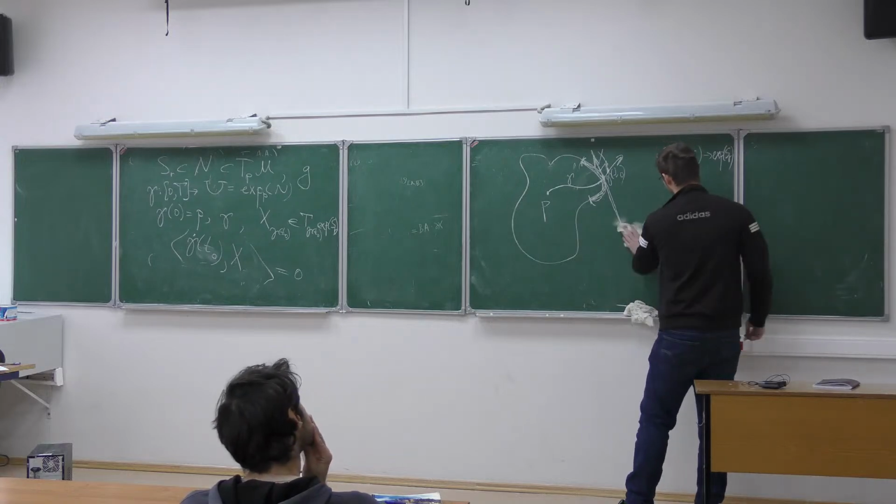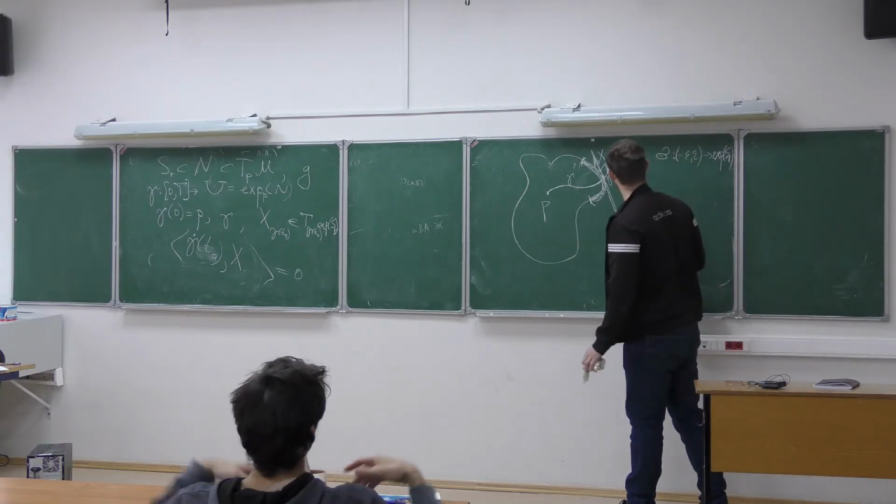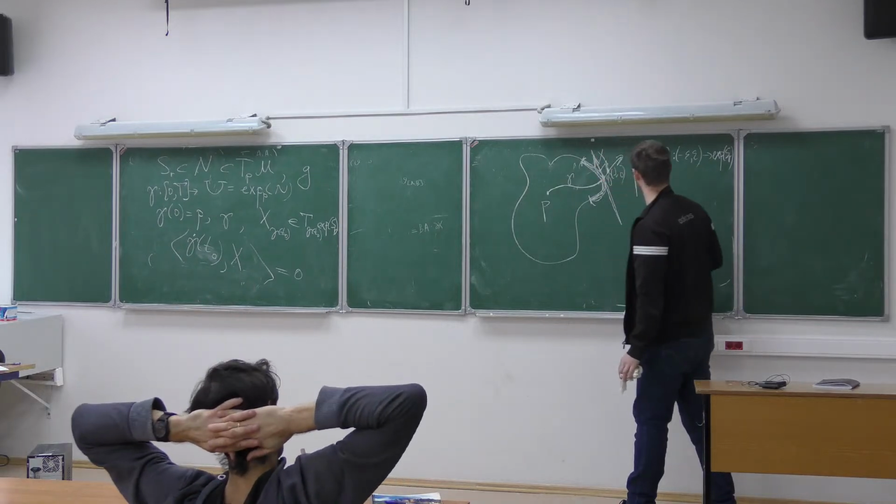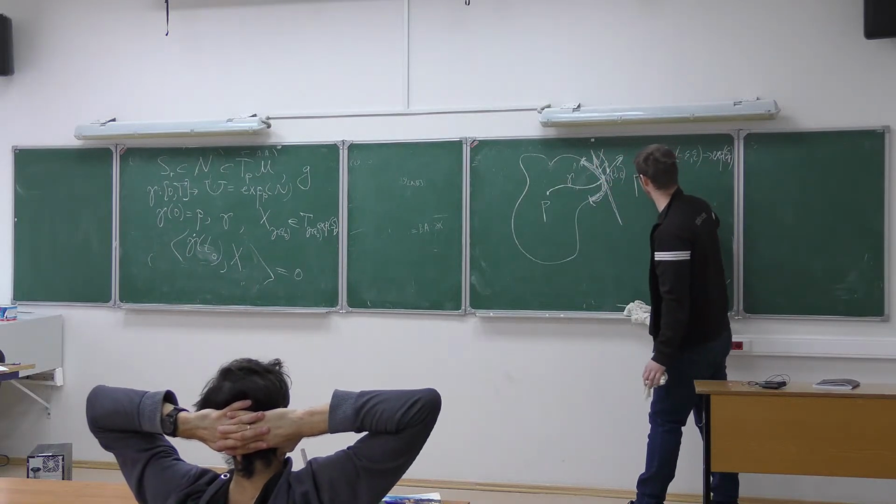And we want to consider a map, usually denoted as gamma.